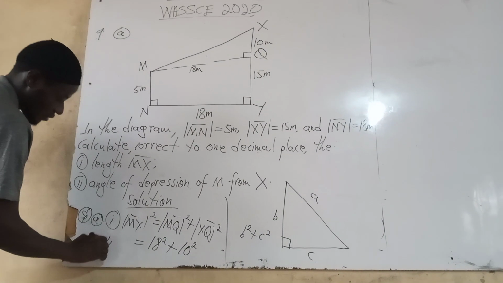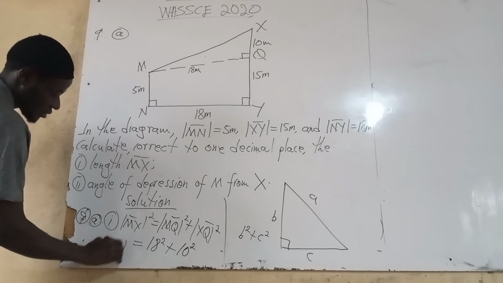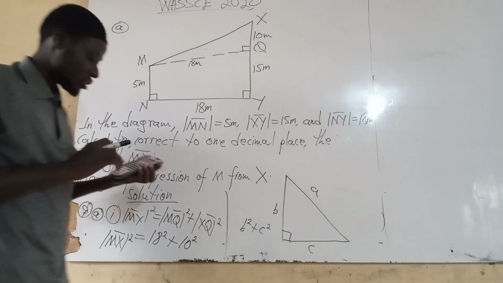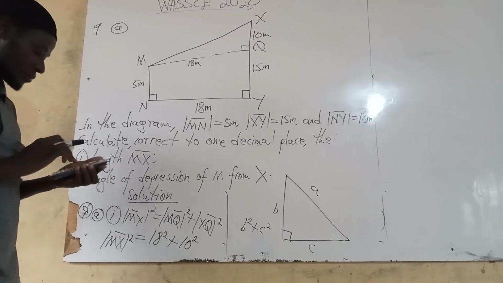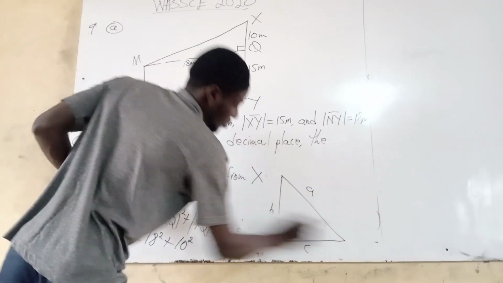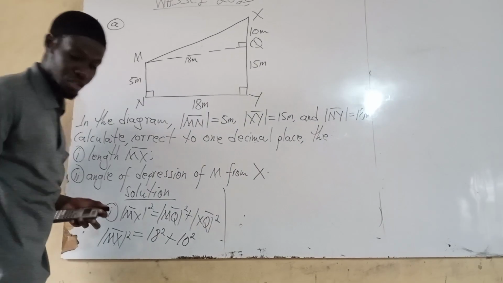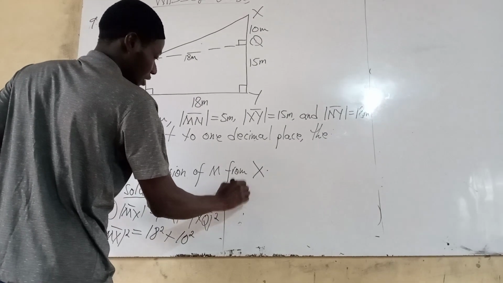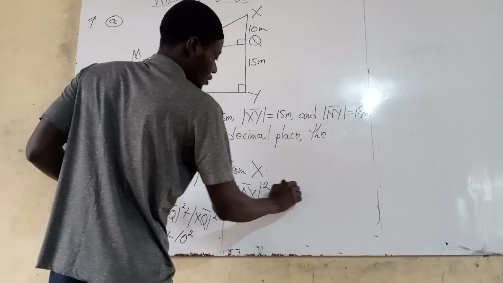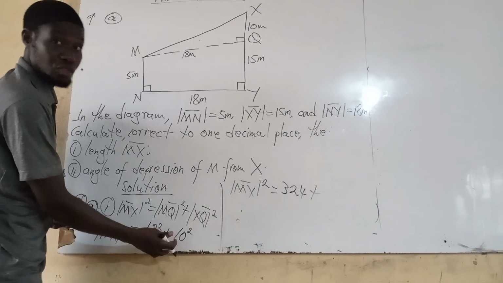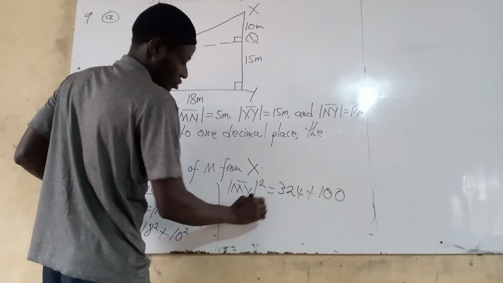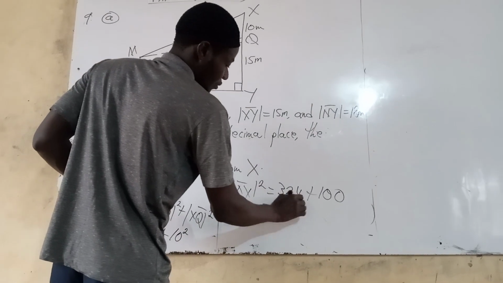So we still have MX square here. We have 18 square, that would be 324. So the length of line MX square will be equal to 324 plus 10 square, that is 100, which gives us 424.